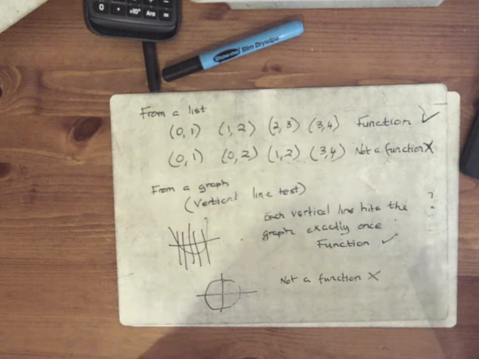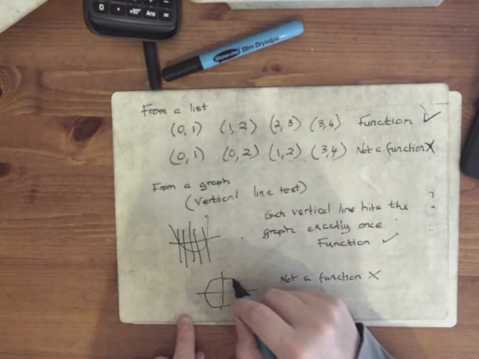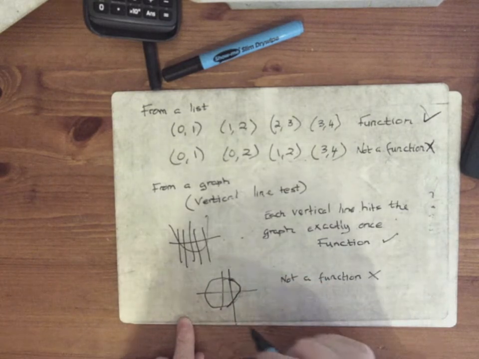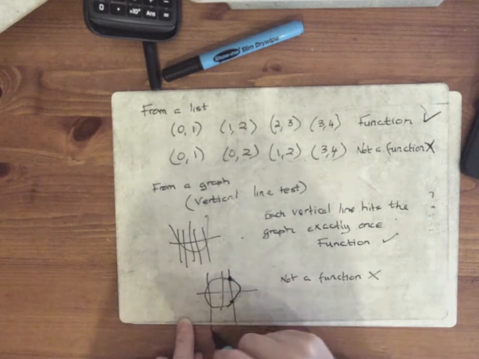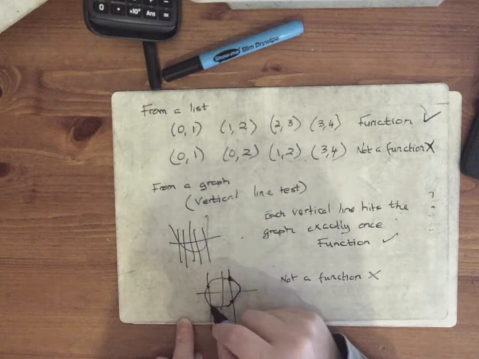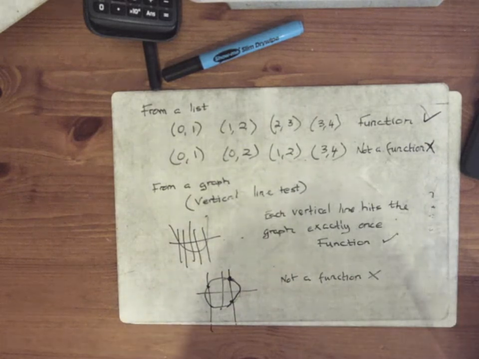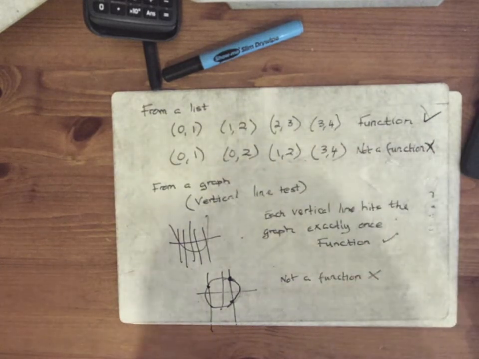Whereas this circle down here is not a function, because if you draw a vertical line, it's going to hit it twice. So that's recognizing a function from a mapping diagram, from a list, and from a graph.